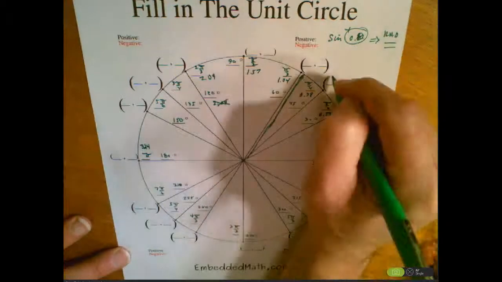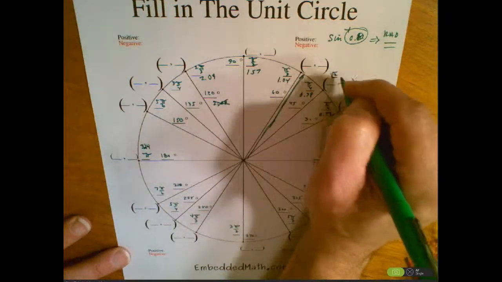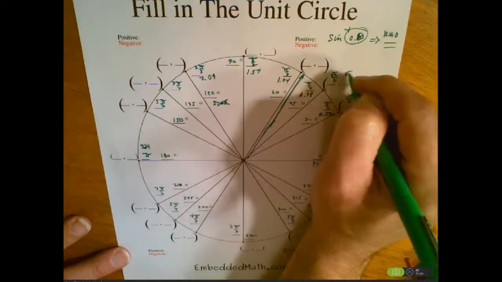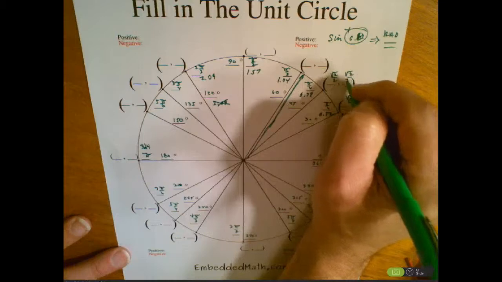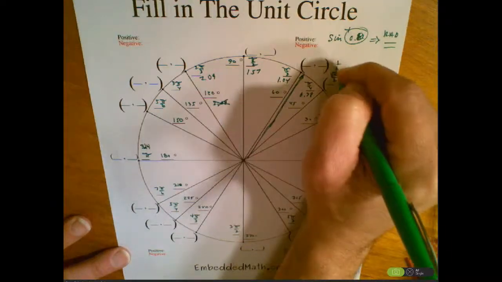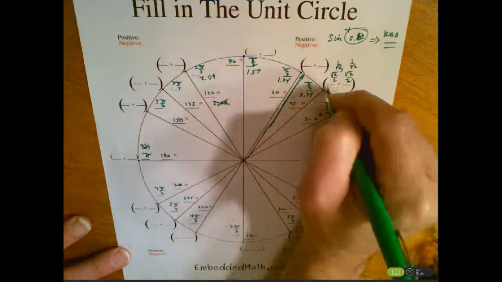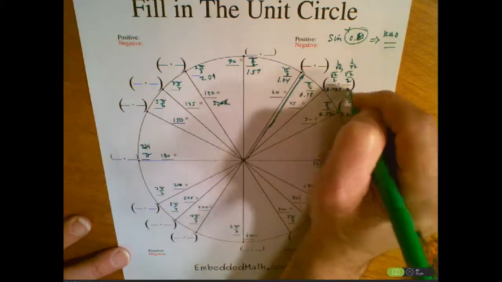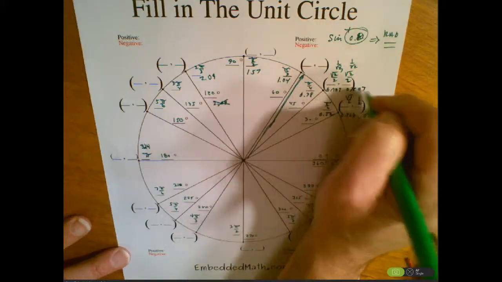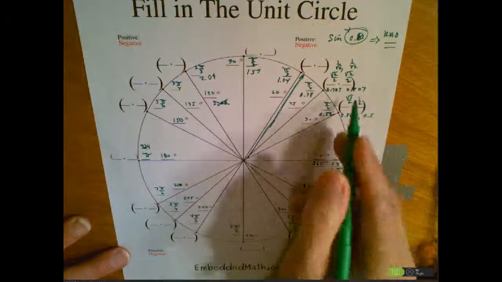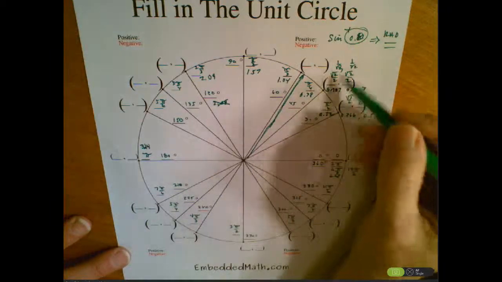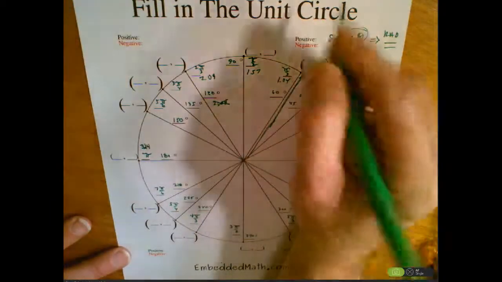Then this next one is going to be root 2 over 2, or root 2 over 2. And I want you to also understand that this is 1 over the square root of 2. And decimally, 0.707. Okay, I need you to know these decimals that correspond to this exact. And then finally, let's go to the last one.